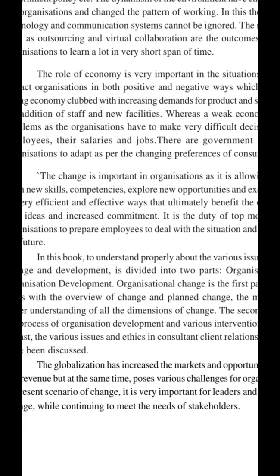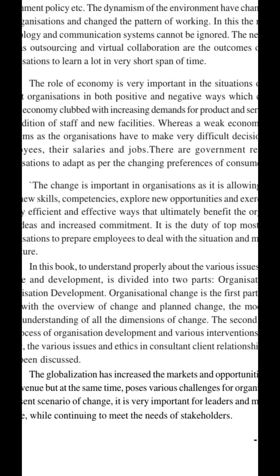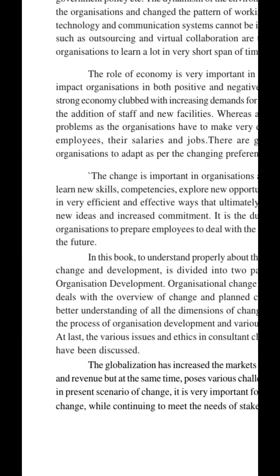It is the duty of the topmost authorities of organizations to prepare employees to deal with the situations and make them ready for the future.